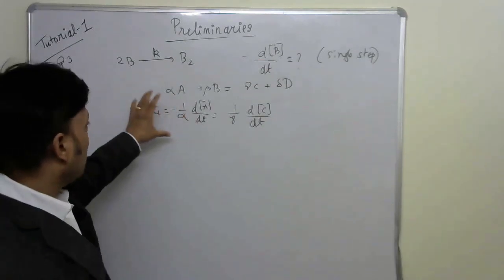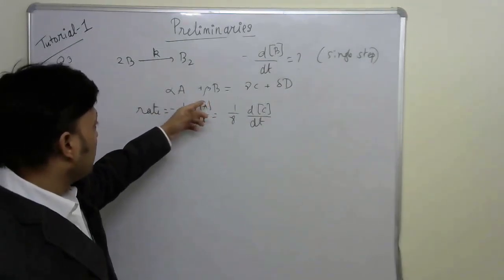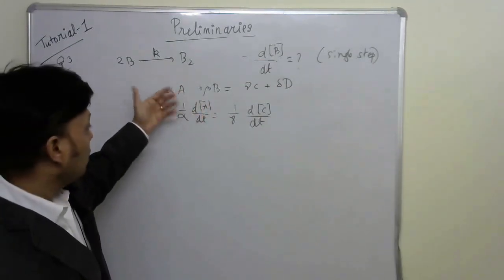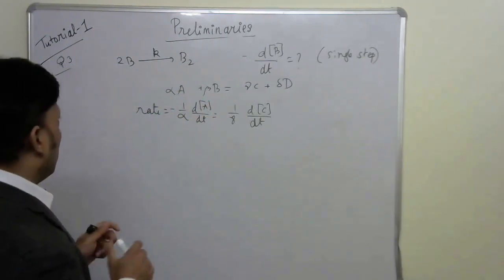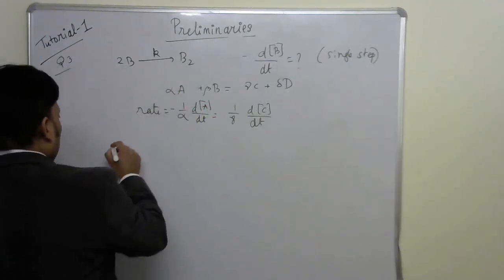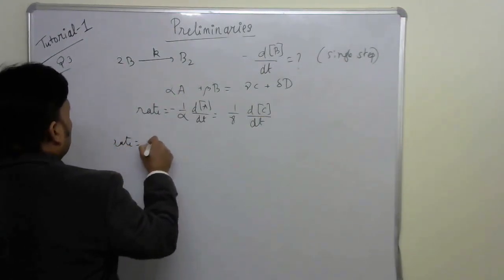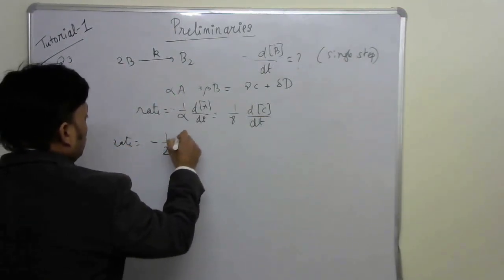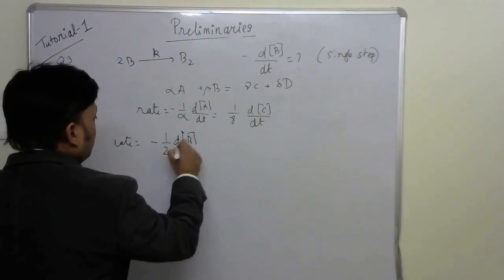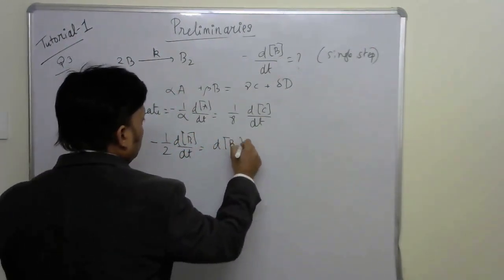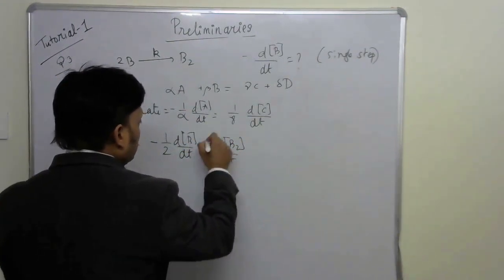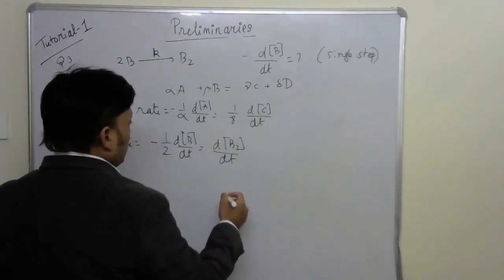So all the stoichiometric coefficients would appear in the rate expressions. So let's do this here. Rate is equal to minus 1 by 2 dB/dt equal to dB2/dt, so this is plus 1 over 1, which is 1.